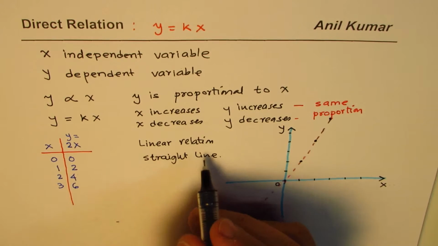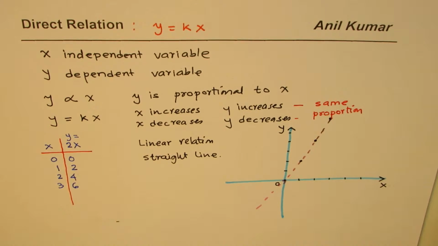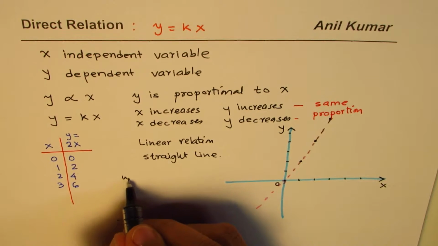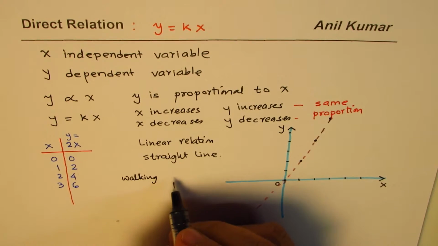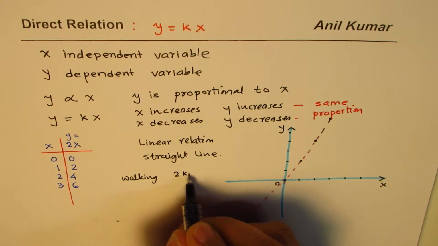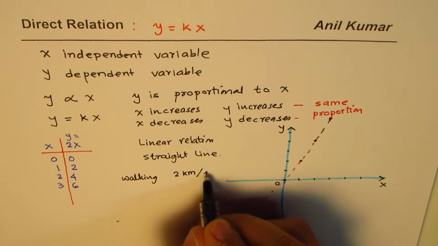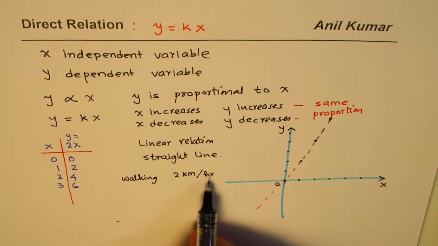For example, let's take an example. Let us say that we are walking at the rate of 2 kilometers per hour, right? Now time is continuous, right?